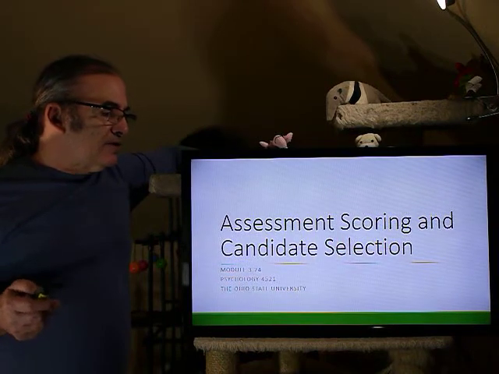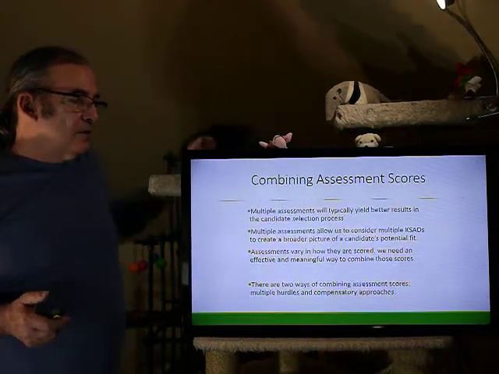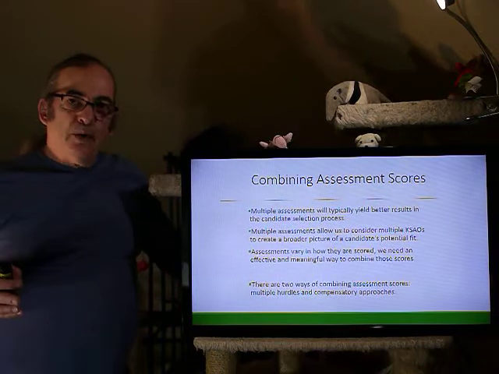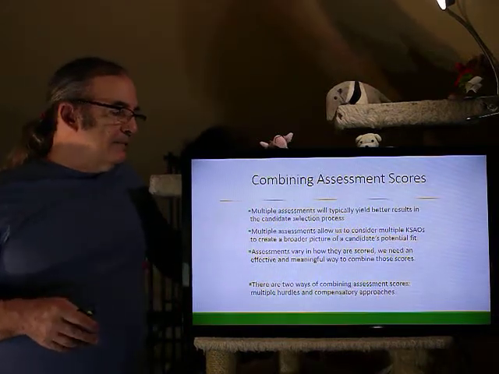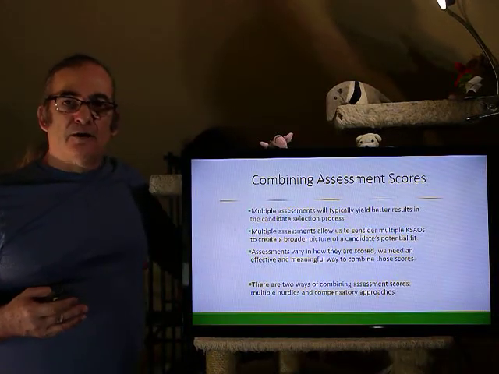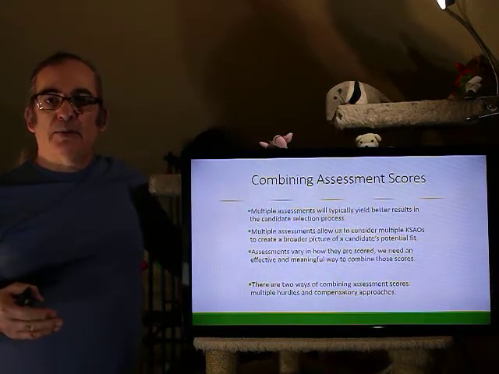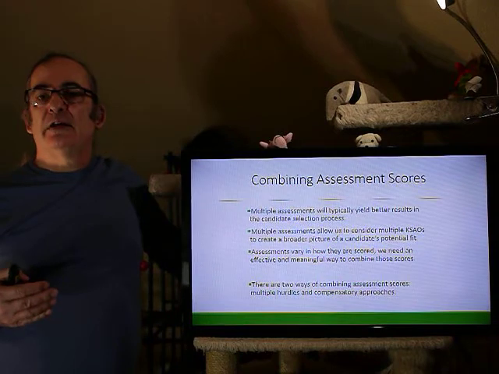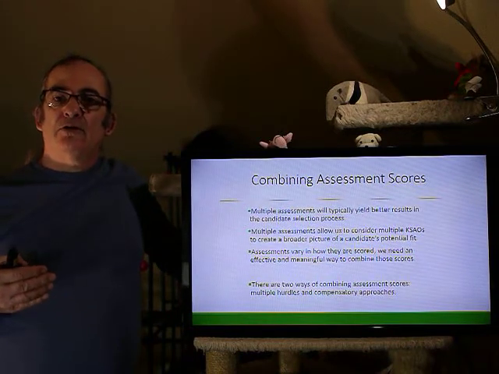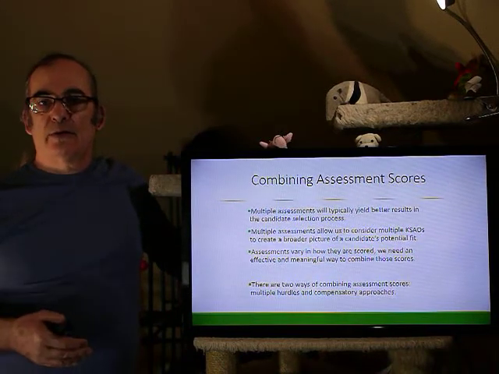So we need to have some system of combining assessment scores, and multiple assessments will typically yield better results in the candidate selection process. We've gone through job analysis to develop a list of person specifications. From those person specifications, we then try to translate those into measurable qualities.